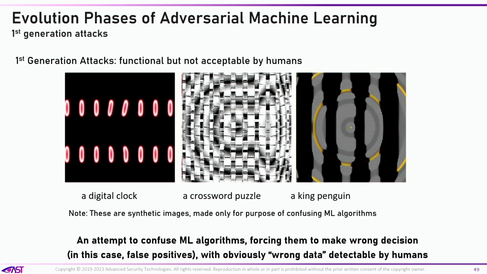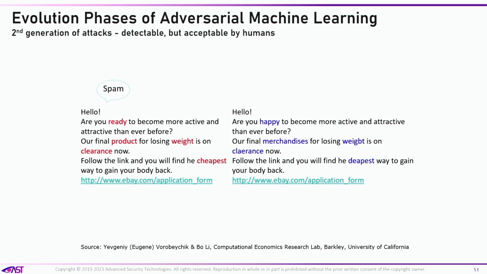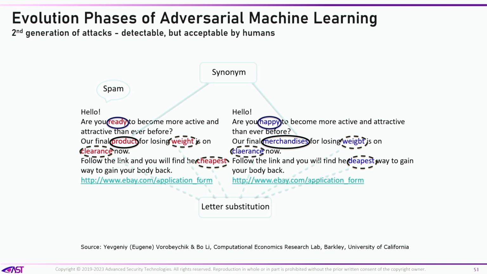This is the first generation of adversarial machine learning attacks, and these pictures are not acceptable by humans, but AI recognizes the first thing as a digital clock, etc. The second generation attacks were acceptable by humans, so we could see what it is, and this is by letter submission.